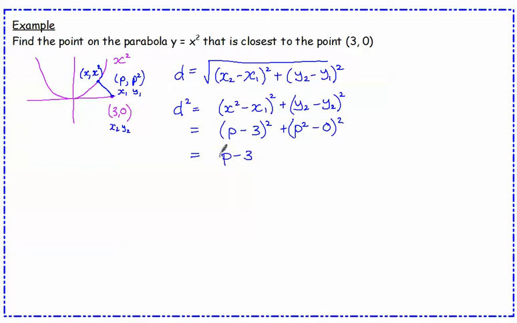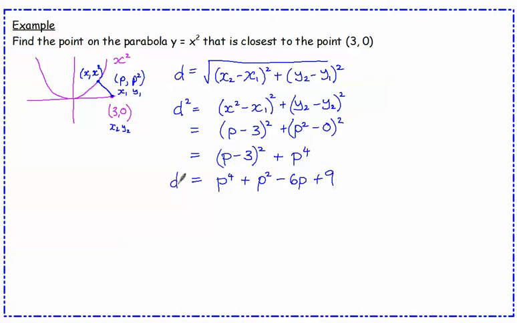Then we end up with this quartic, and you can multiply out if you like. So if we're multiplying out, we don't need our brackets. We end up with p to the 4 and then p squared minus 6p plus 9.